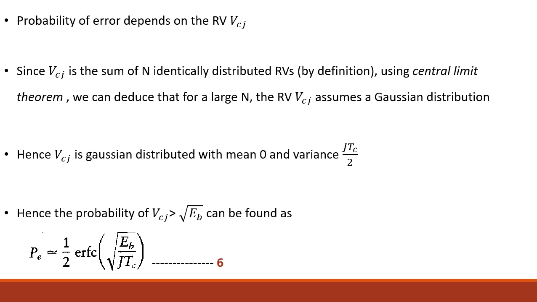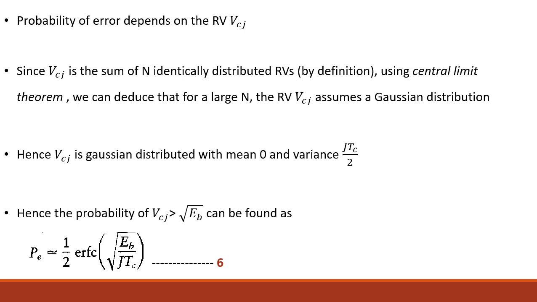What the central limit theorem basically says is that when we add a large number of identically distributed random variables, the distribution of the sum will be a Gaussian distribution. So VCJ, which is the sum of n identically distributed random variables, will be Gaussian with mean value 0 and variance JTC by 2. This mean value and the variance we had derived earlier.